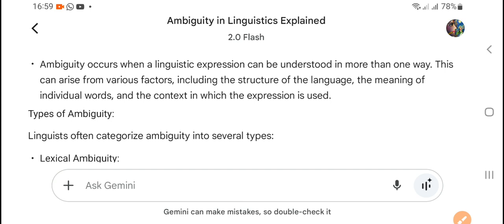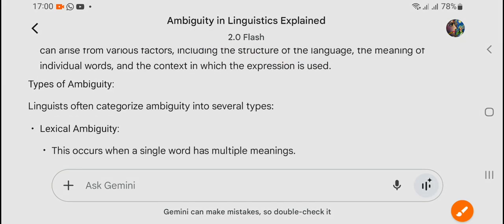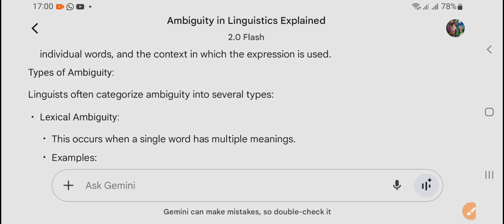This can arise from various factors, including the structure of language, the meaning of individual words, and the context in which it is used.